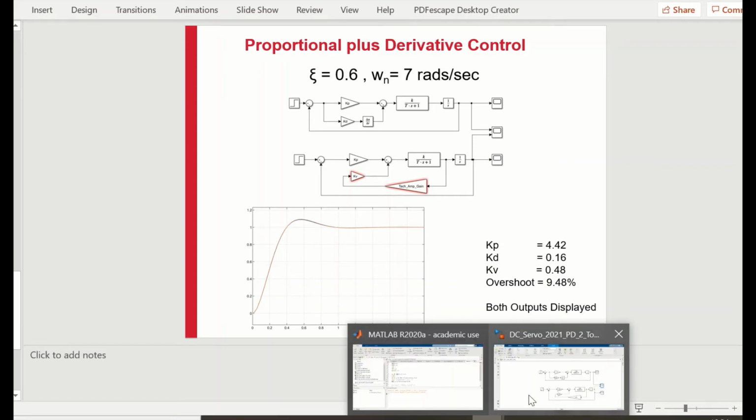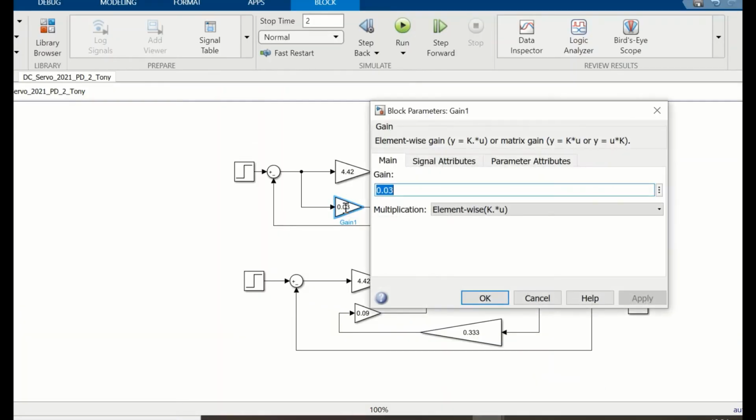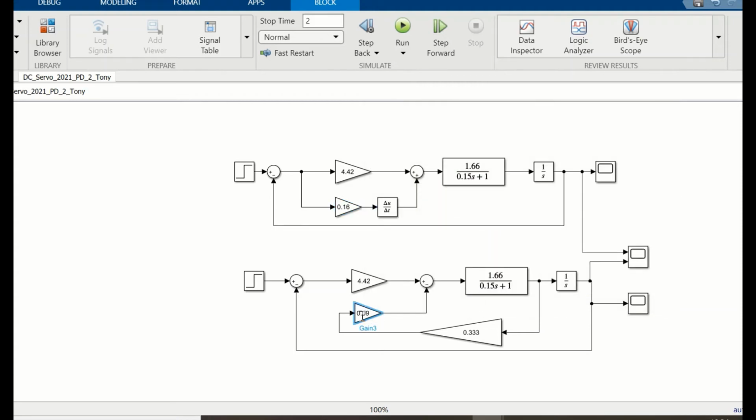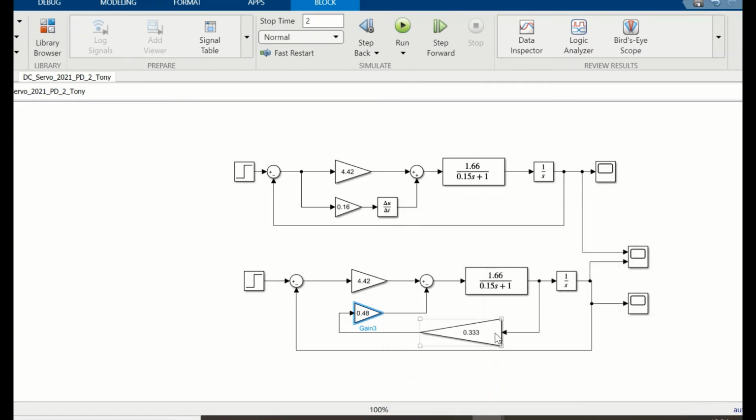So go back now into our simulation, and we change now this gain here. So it's going to become now 0.16, and this one is going to become 0.48. No, it's 3 times bigger because it's got a gain of a third here.